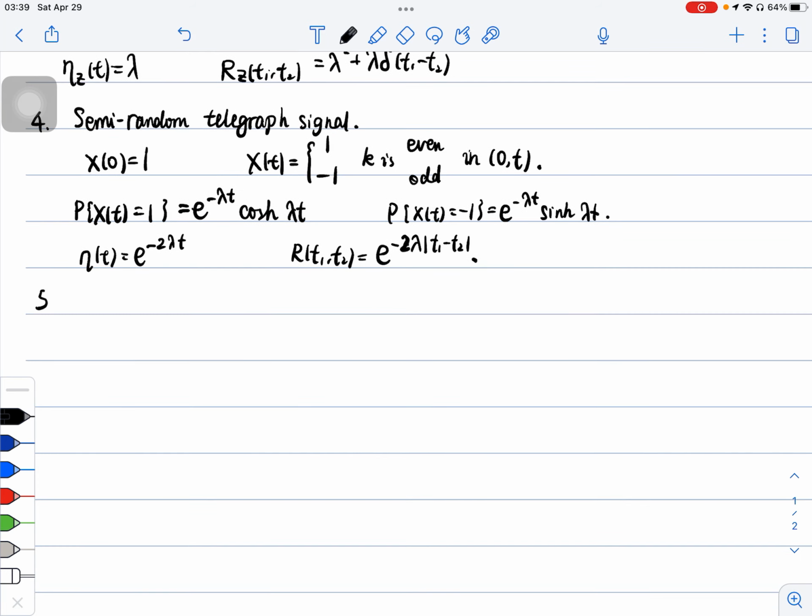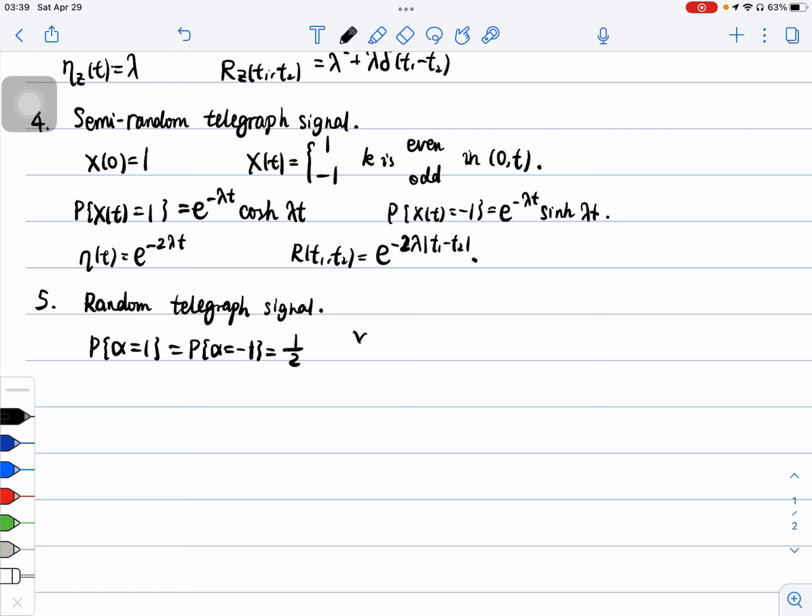Now for the fifth part, the random telegraph signal. Let alpha be a random variable independent of Xt with probability of alpha equals 1 equal to the probability of alpha equals minus 1 equal to half.